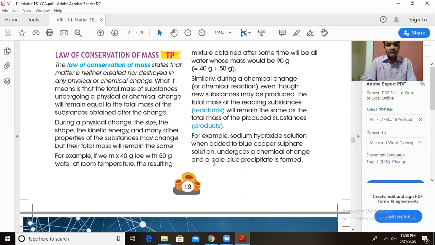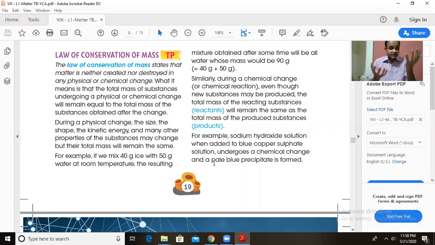Let's move to the last part, law of conservation of mass. Suppose I take 40 grams of solid ice and add it to 50 grams of water, and stir it well. What will happen? The ice will slowly start melting in this water and a liquid state will be formed entirely.